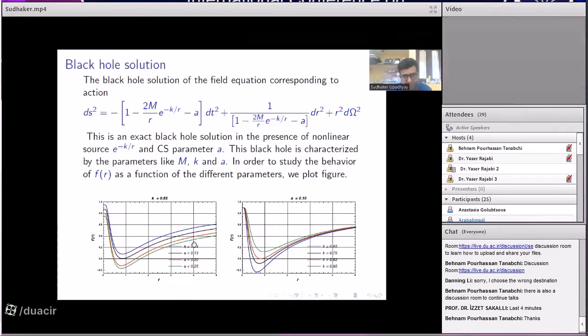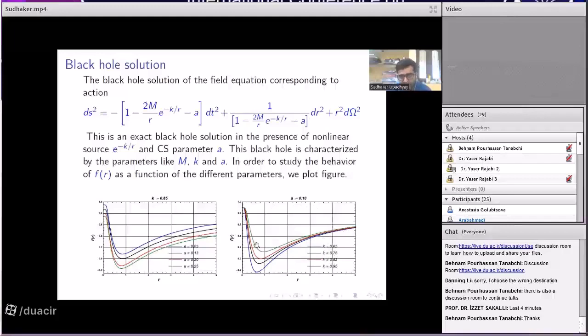However, if you fix the CS parameter and increase the values of the deviation parameter, you see that for larger k, that is the green line, that is a smaller value of potential for the metric function.